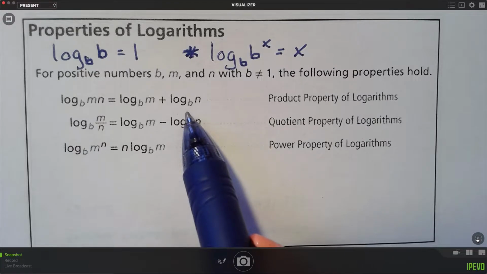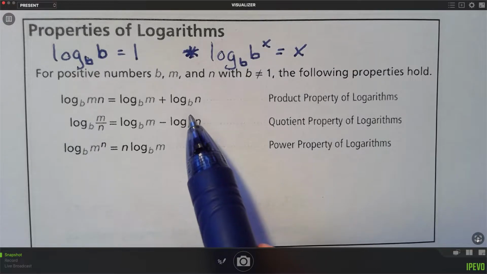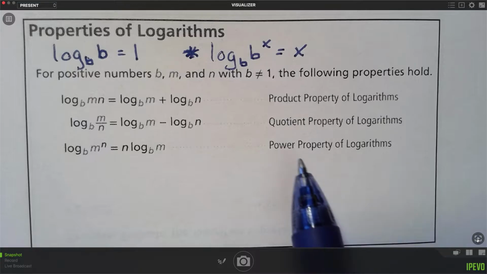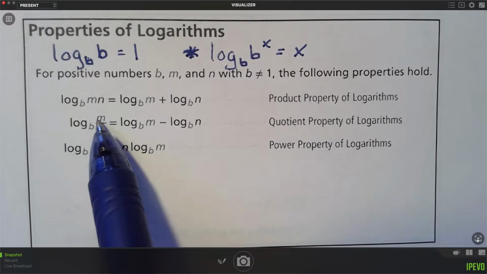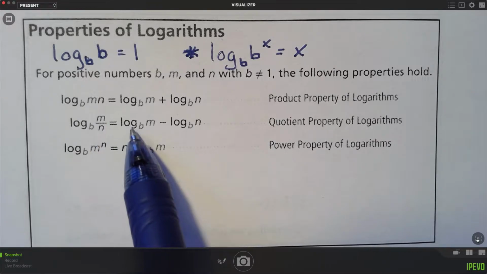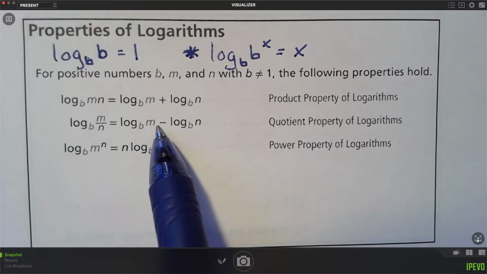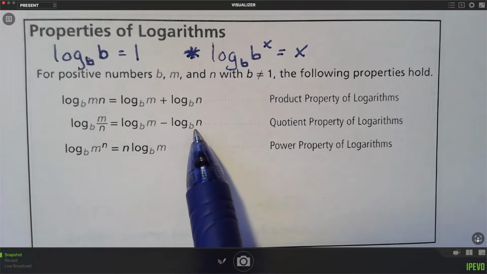Well, what do we do when we divide exponents? Subtract. So our quotient rule is log base b of m over n equals log base b of m minus log base b of n.